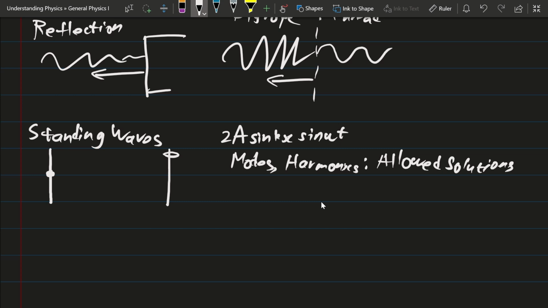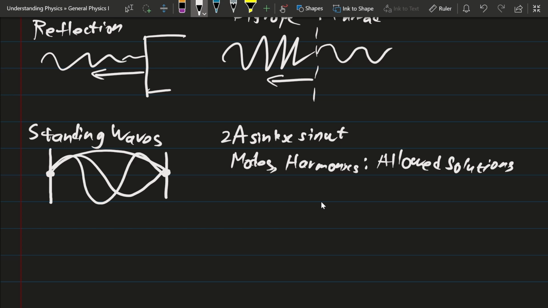So let's just state that if I have the wave to have a fixed end at both ends, therefore I do know certain rules. So first I know that this is a solution, and this is also a solution, and this could also be a solution.